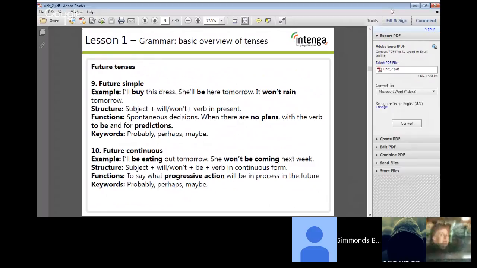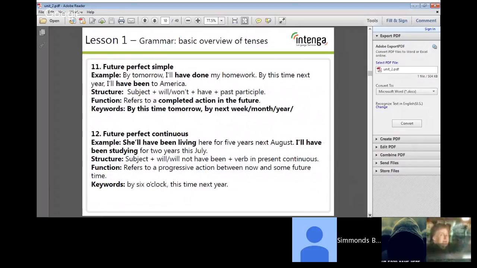All right, let's continue on here. Okay. So Hakan, if you're ready, you can go ahead and read again the tense and the examples. Okay, number 11, future perfect, simple. Example, by tomorrow I'll have done my homework. By this time next year I'll have been to America.